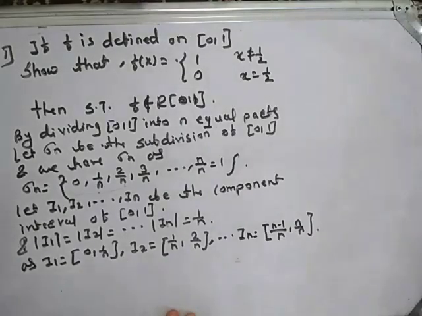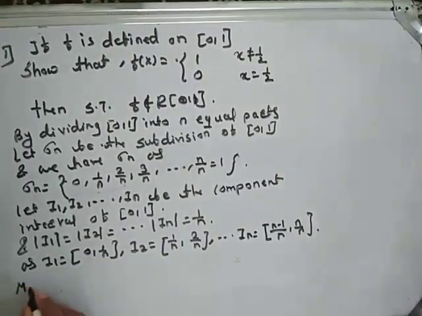Okay. So we know the formulas of U(f, sigma n) and L(f, sigma n). For U(f, sigma n) we have to calculate M(f, Ik), and for L(f, sigma n) we have to calculate small m(f, Ik).